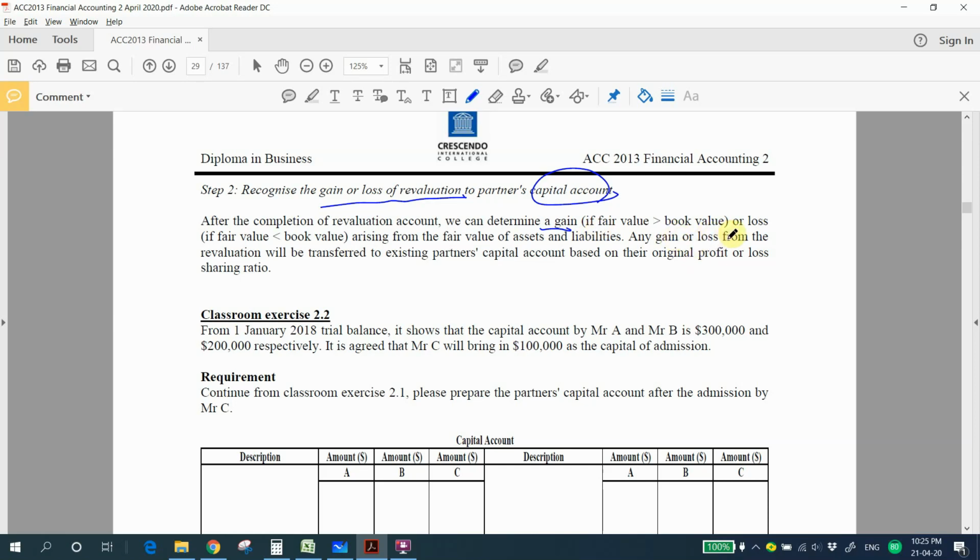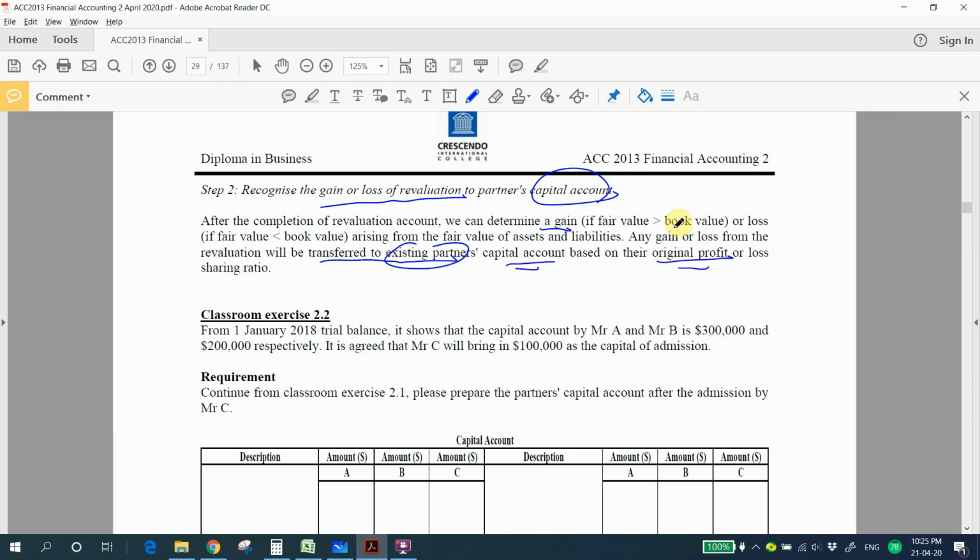Any gain or loss from the revaluation will be transferred to existing partners' capital accounts based on their original profit or loss sharing ratio. So please take note, any gain or loss arising from your revaluation is only shared to existing partners, based on the original profit or loss sharing ratio.